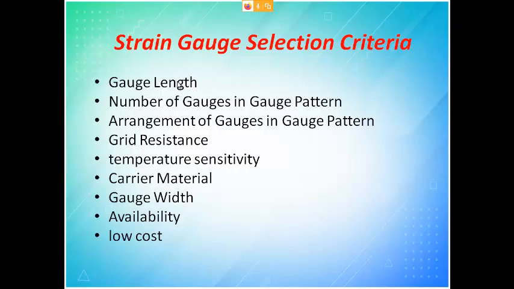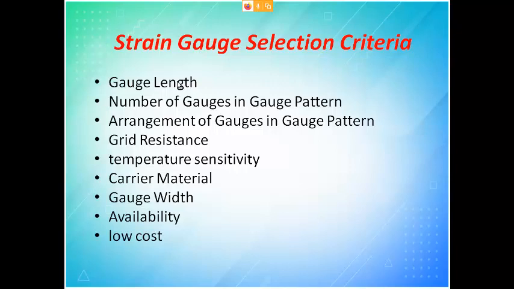That is why we call it the number of gauges. Then the arrangement of gauges, whether you are going to connect them in serial or parallel fashion. Then grid resistance. If that arrangement itself is in the form of a grid, you can also call it a matrix. When you come to a matrix, it is nothing but an arrangement of rows and columns.